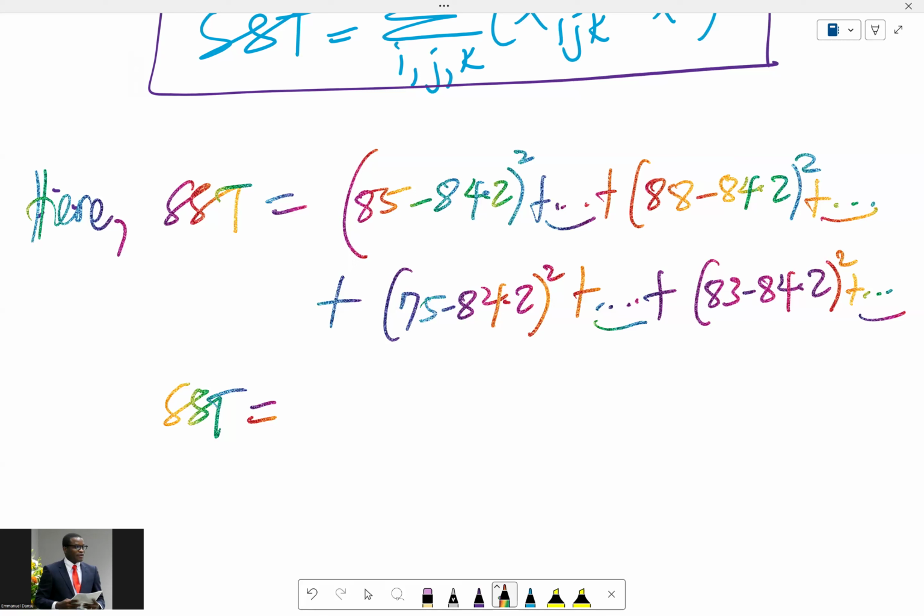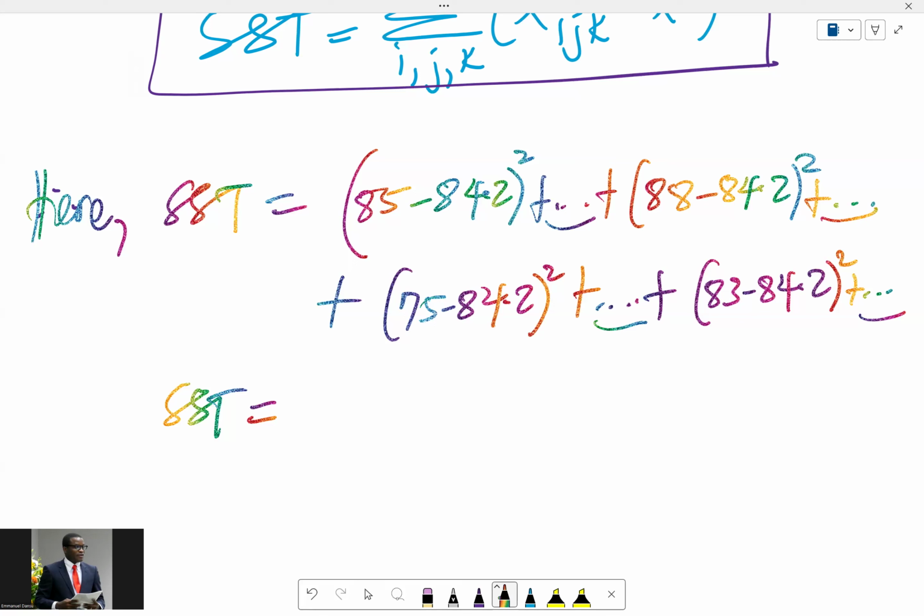After 85, we have 75 now. 75 minus 84.2 all squared plus the next one. After 75, we have 80. Then after that, we have 78. Plus again, after 78, we have 82.